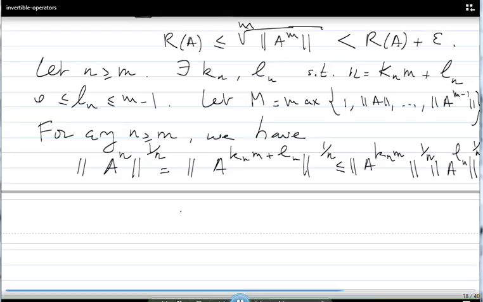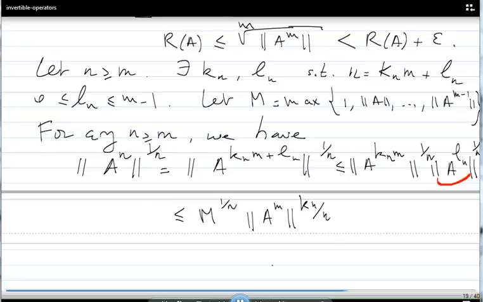This part here is less than M, because l_n is between 0 and m minus 1, so it is one of the ones that gives you the definition of M. So this is M to the power 1 over n. And now we go to the norm of A to the power m, to the power k_n over n.